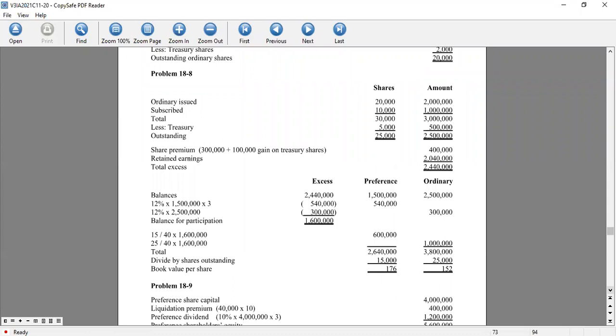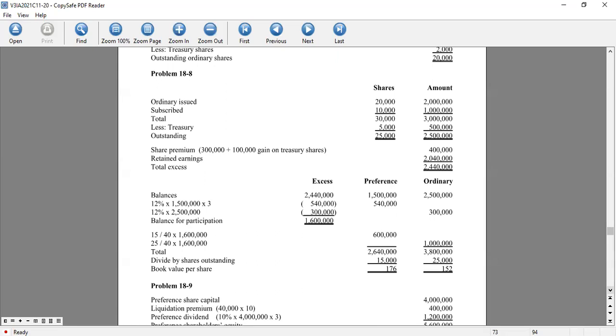The share premium of 300,000 plus the 100,000 gain on treasury shares. So for a total of 400,000 share premium. And we have the total excess after adding retained earnings of 2,040,000.